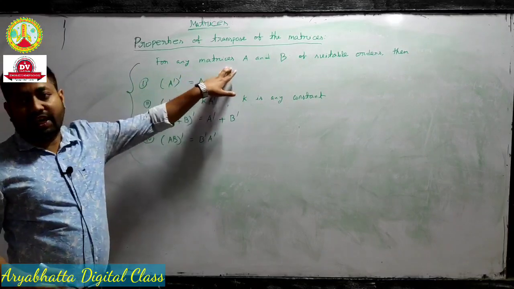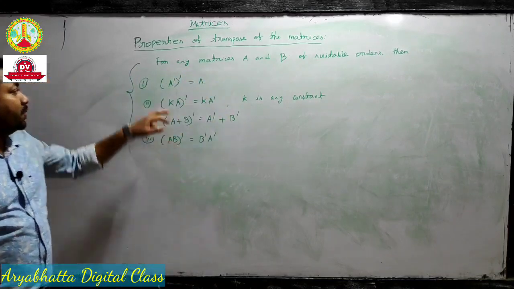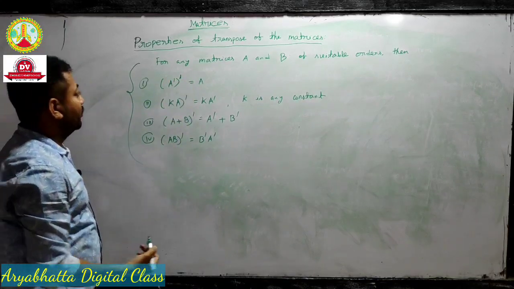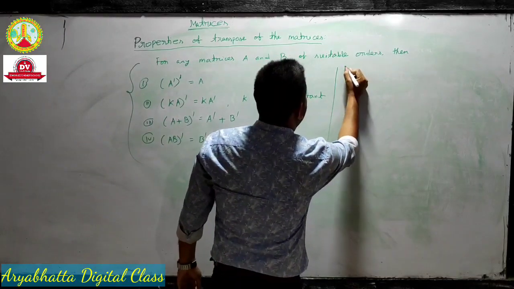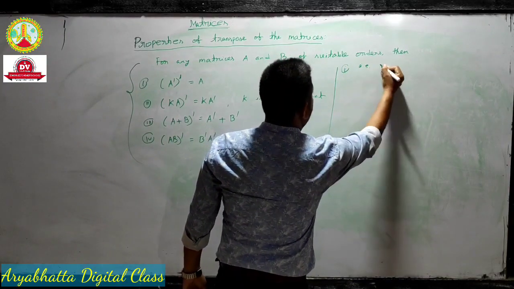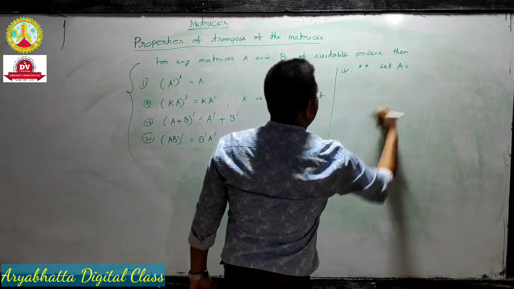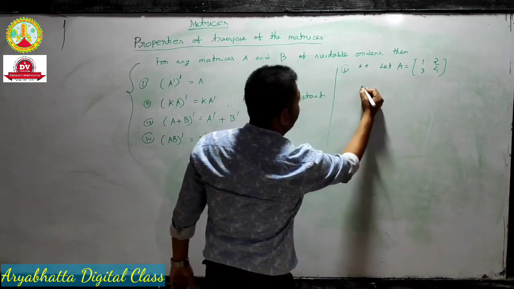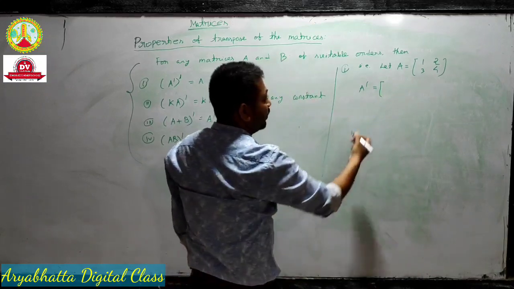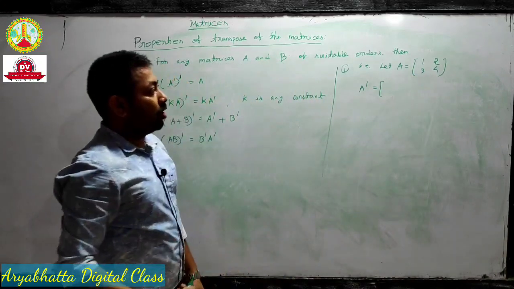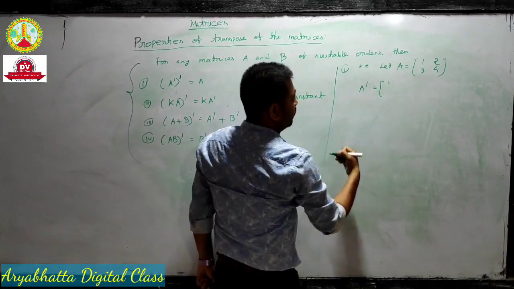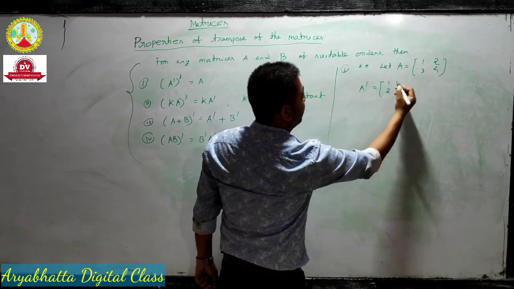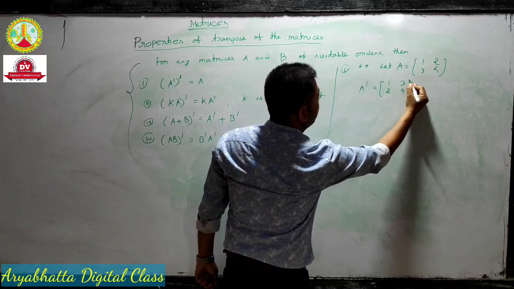Remember, for any matrices A and B of suitable orders, A dash whole dash, that means transpose matrix of A whole transpose, equal to A. For example, let A equal to any matrix, we take 1, 2, 3, 4. We know that changing the rows with columns, the first row interchanges to first column and second row interchanges to second column.